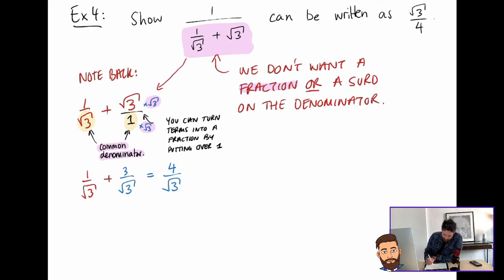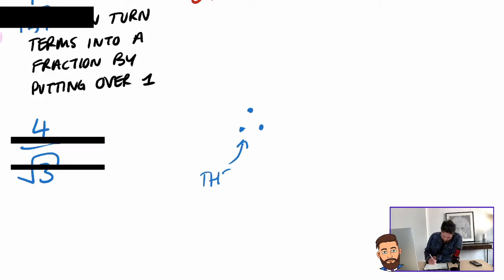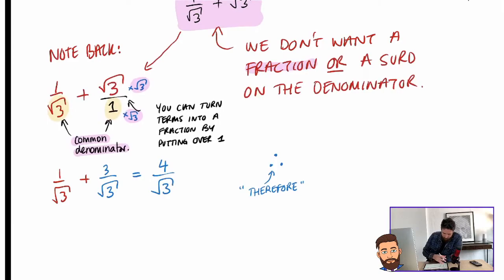So I could say that what we have now got, and I'm going to use this symbol, so this means therefore, very useful in maths when you've said a couple of statements.